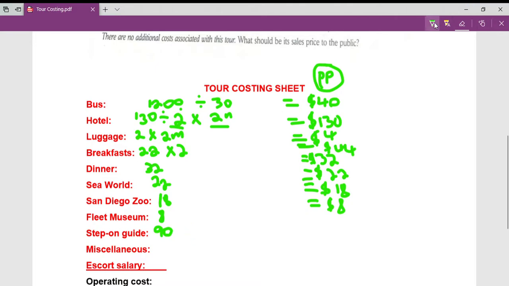It doesn't really matter how many people are going on that tour. The step-on guide is basically his services, so we have to divide this 90 by our reasonable number, 30, and that will give us, sorry, I just want to quickly do this.